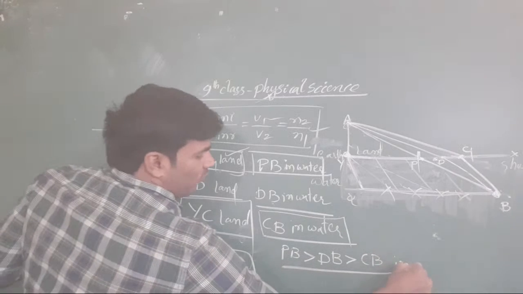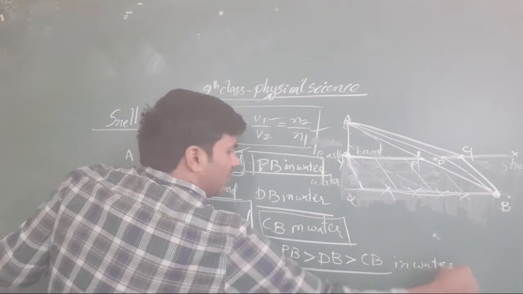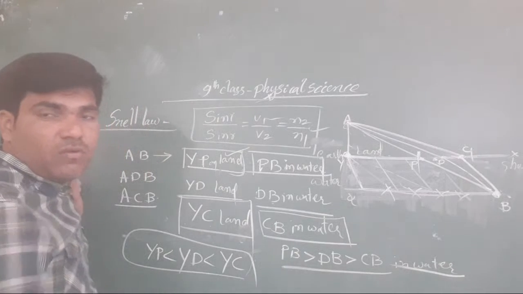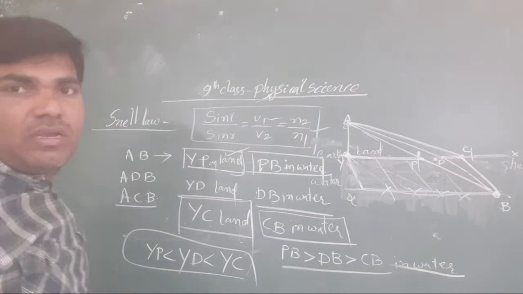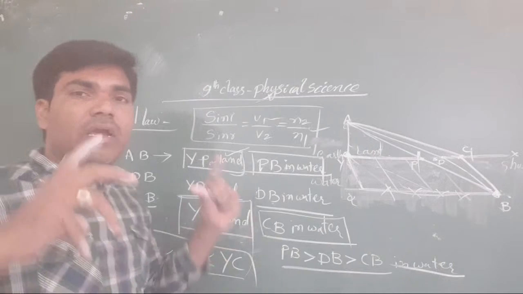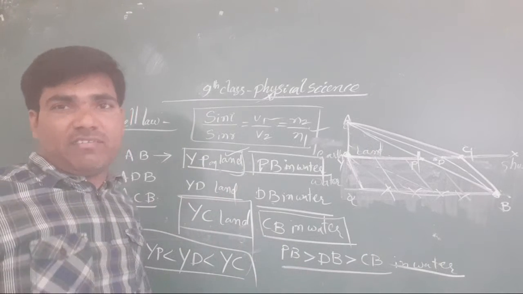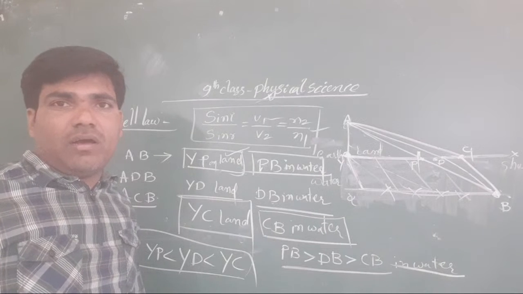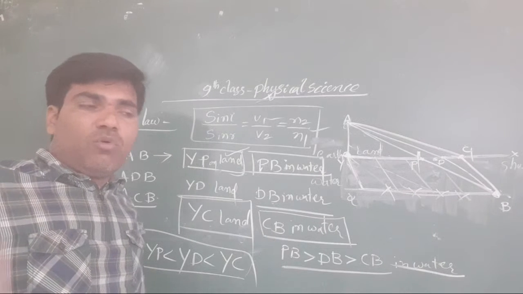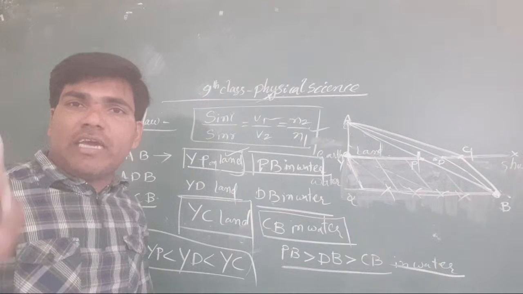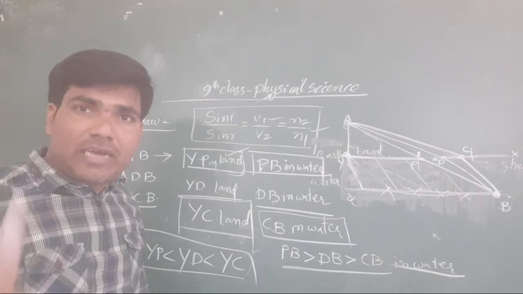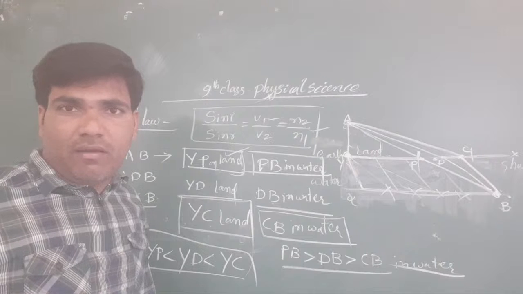It is in water. What is our first conclusion? We are moving on land very easily and it will take less time. Now when we are moving in water, it will take more time. Clear or not, all of you?